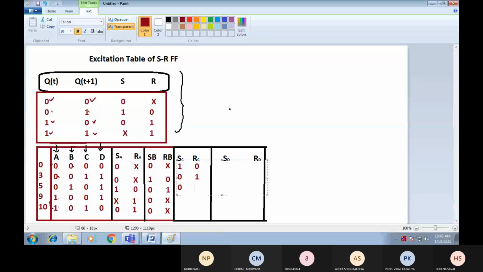don't care, 1, 0 and 0 1. That is the values of the SC RC flip-flop, and for SD RD the values should be don't care 0, again don't care, 0, 1, and for the last input it should be 0 and don't care.